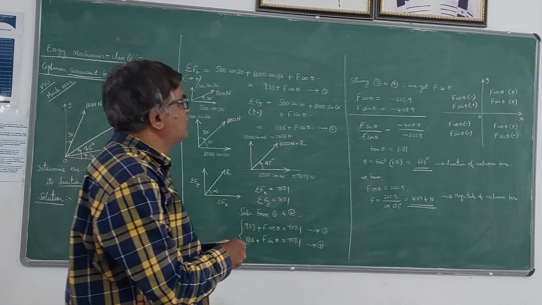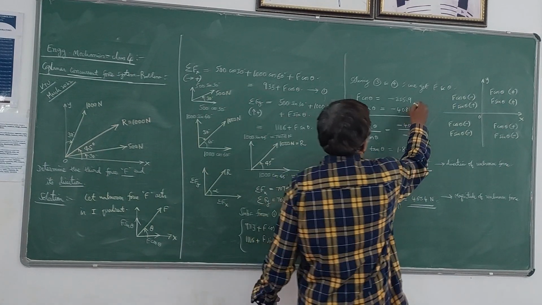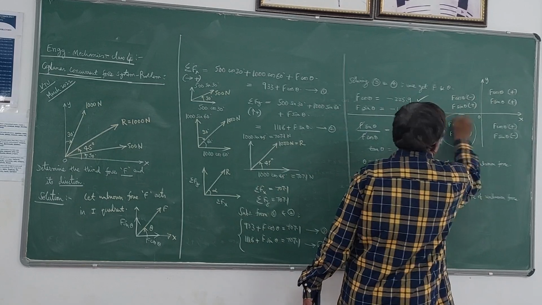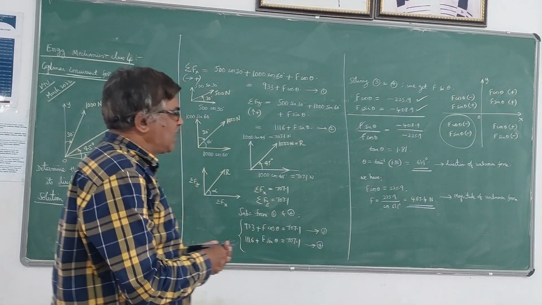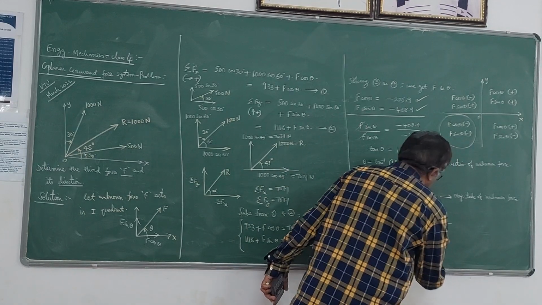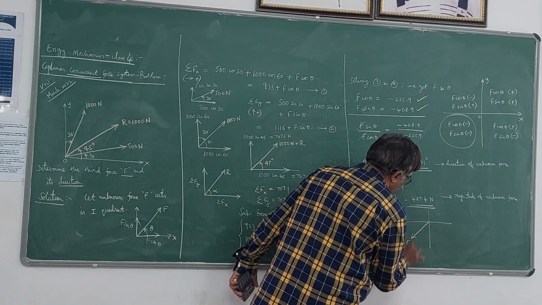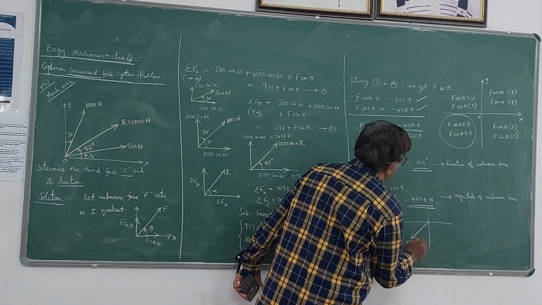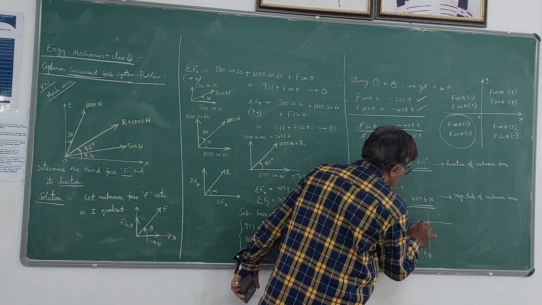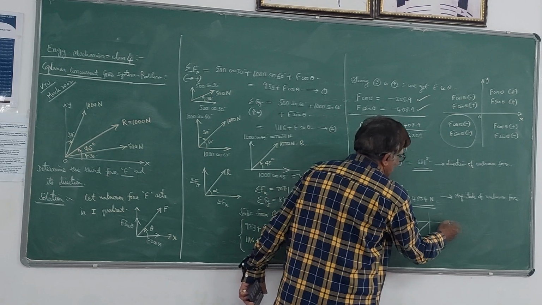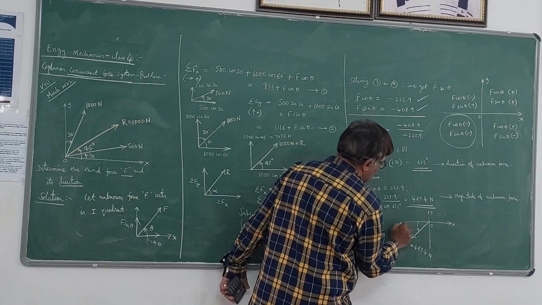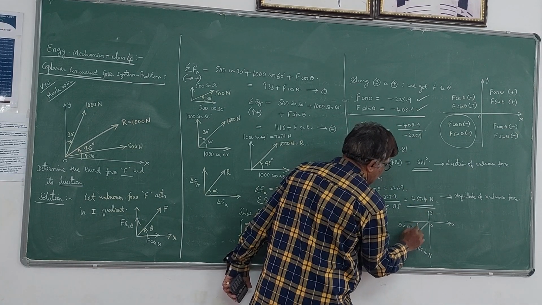Now in this problem, if you observe, F cos theta is negative, F sin theta is also negative. Therefore, the unknown force F lies in the third quadrant. So we can show the unknown force like this. This is the unknown force F, whose magnitude is 467.4 Newton, and direction measured from the x-axis is 61.1 degrees.